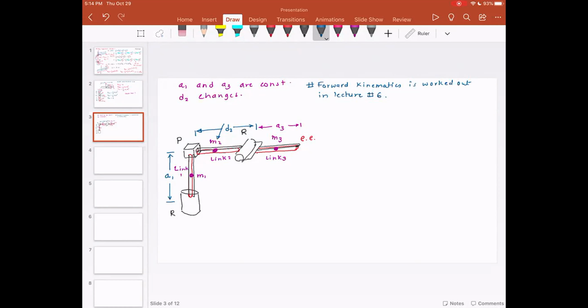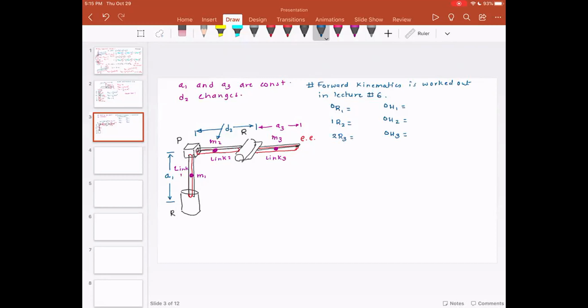When we did the forward kinematics, we found 0R1, we found 0H1, we found 1R2, we found 0H2, we found 2R3, and we found 0H3. So all these homogeneous transformations we already found out.